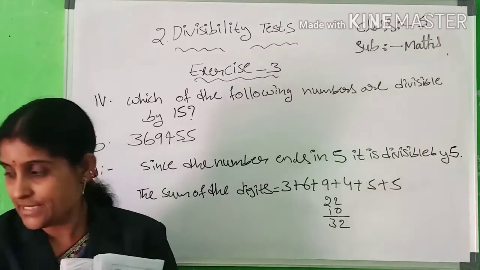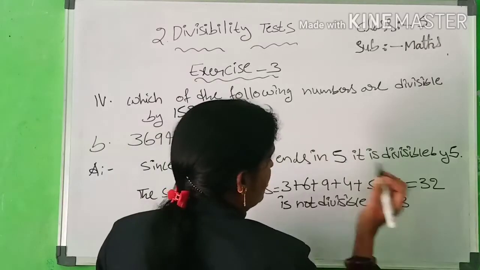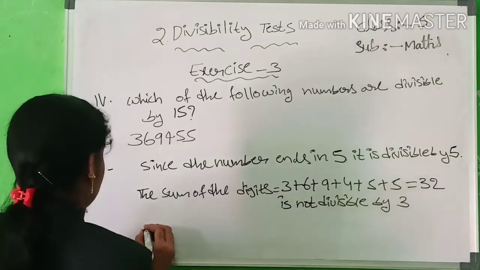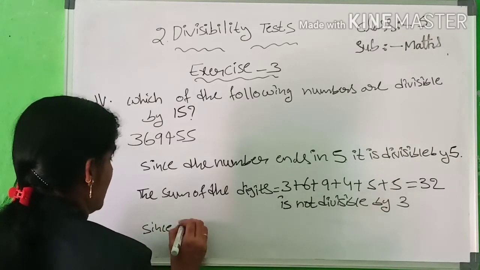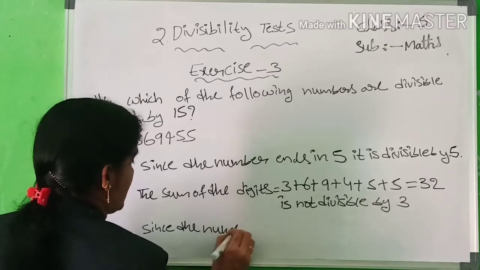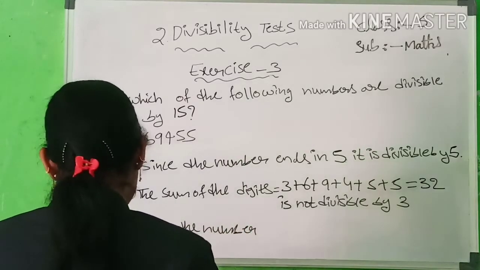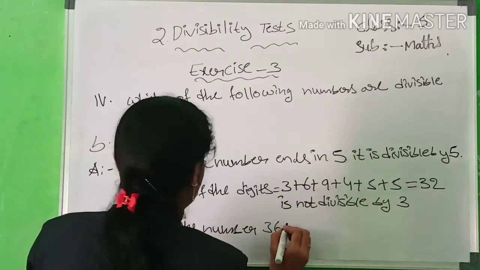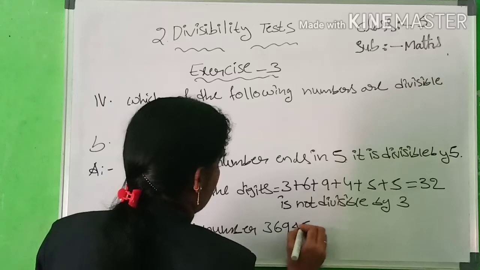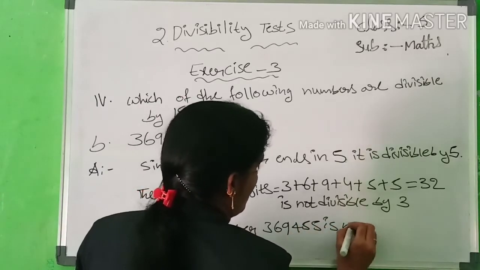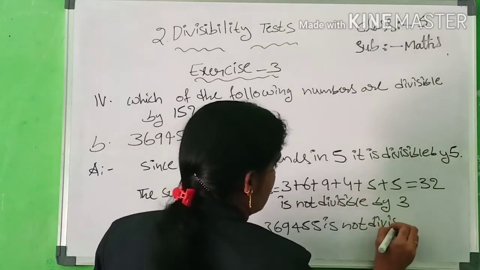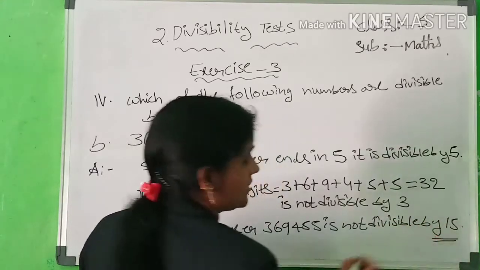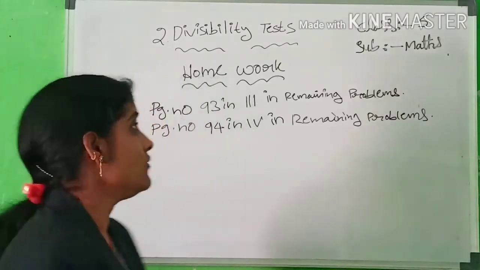It is not divisible by 3. Since the sum is not divisible by 3, the number 3,69,455 is not divisible by 15. Write this one.